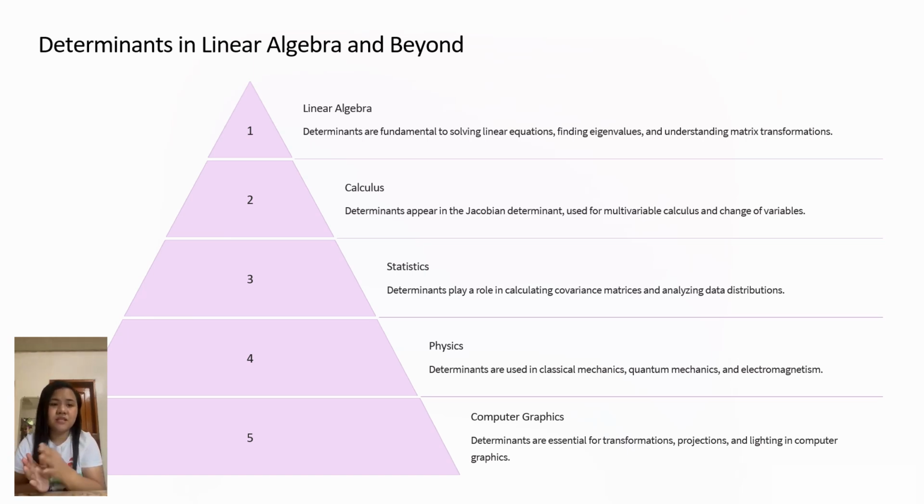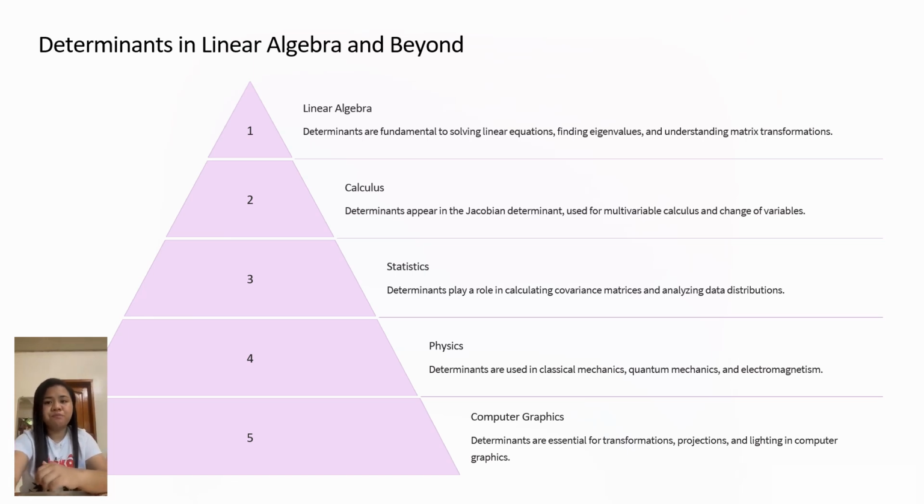In statistics, determinants play a role in calculating covariance matrices and analyzing data distribution. In physics, determinants are used in classical mechanics, quantum mechanics, and electromagnetism. In computer graphics, determinants are essential for transformations, projections, and lighting.